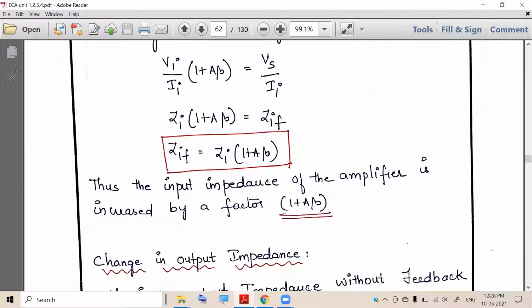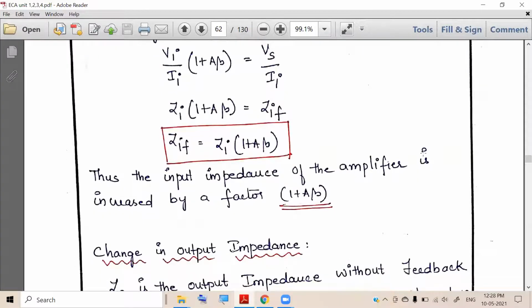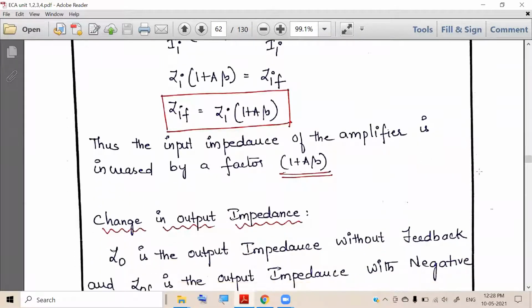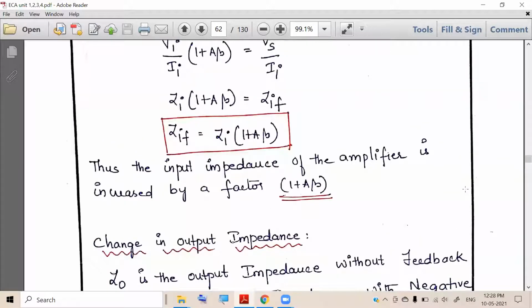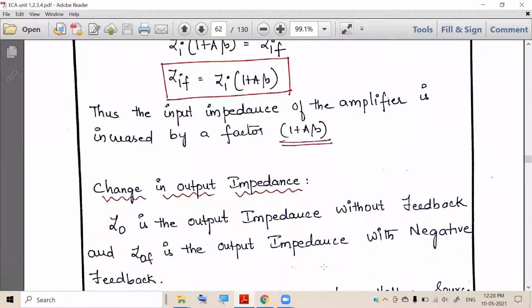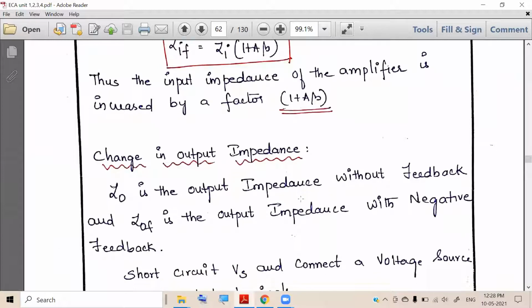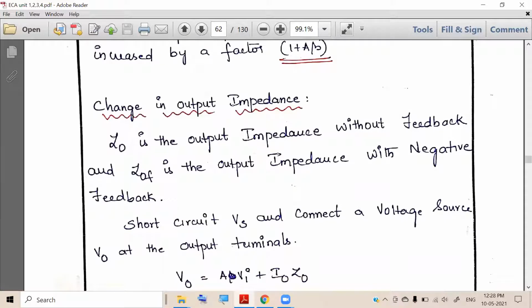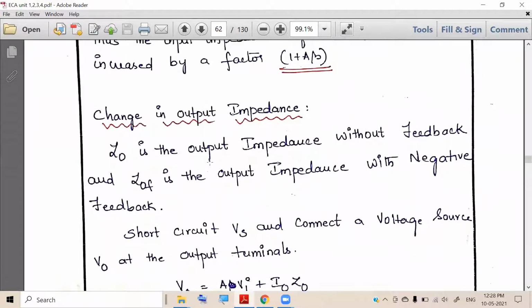Next, change in output impedance. To understand this, first we have to see how an amplifier looks like. We have been talking about input impedance, output impedance, voltage gain, current gain.